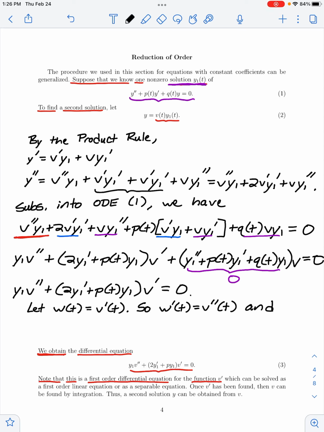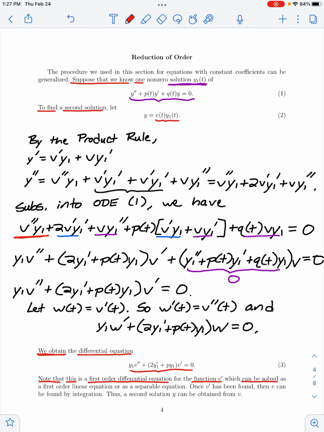And I could rewrite the differential equation I just found as y1 times v double prime, which is just the first derivative of w, plus 2y1 prime plus p of t y1 times v prime, which is w, equals 0. And we see this is now a first order differential equation in terms of w. It's first order linear and first order separable.